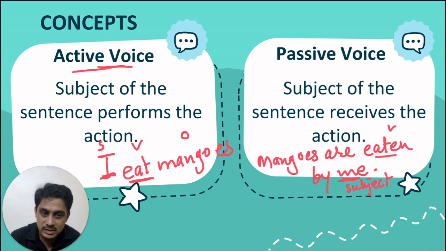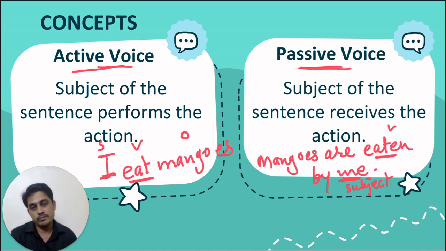Now let us decide whether this me is receiving the action or is performing the action of eating. If we read the sentence, mangoes are eaten by me. Eaten by me. Now here, me is receiving the action of eating. That's why this sentence is in passive voice.